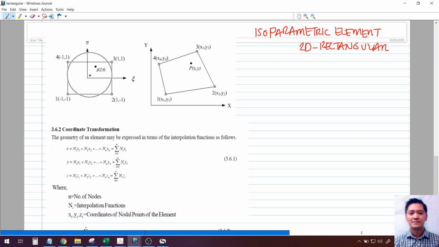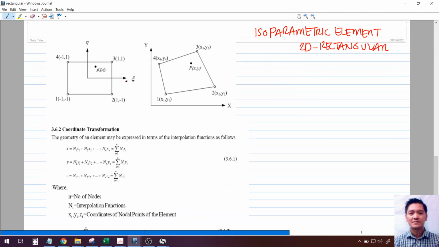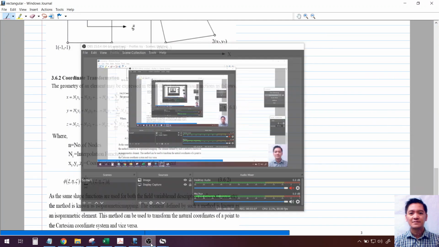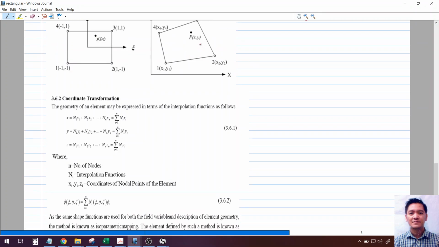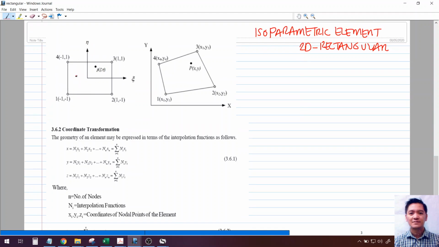It is now a function of theta and eta. So from this xy Cartesian coordinate, it will now be in a theta and eta coordinate system. That is why this is called the natural coordinate system.